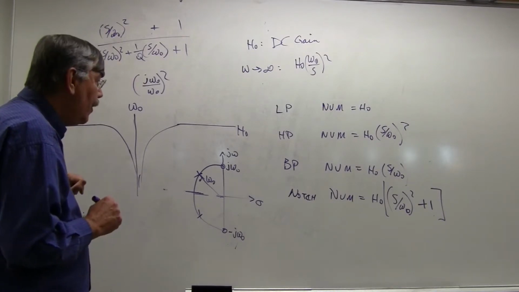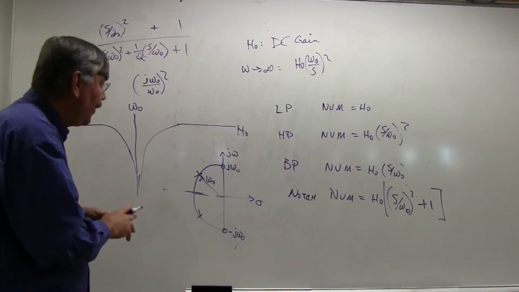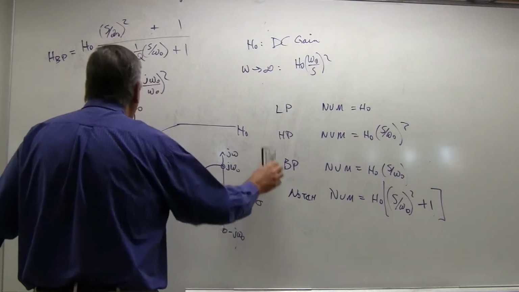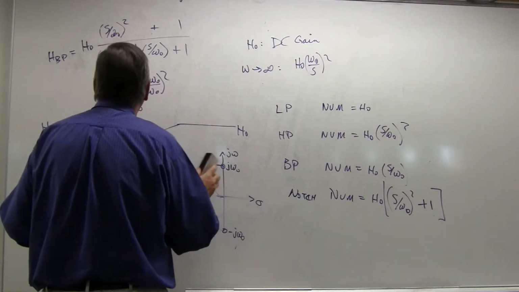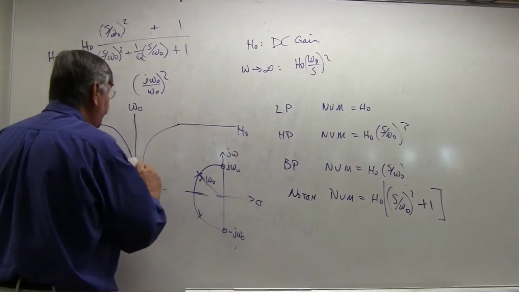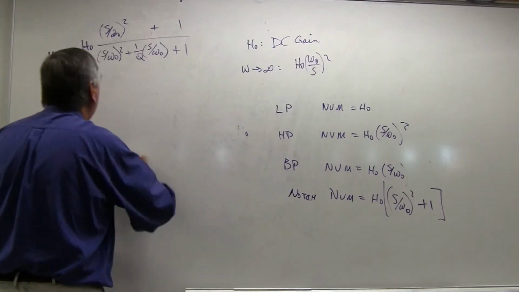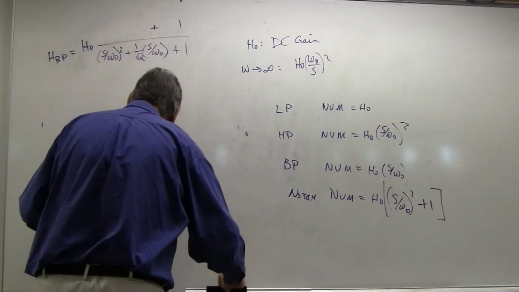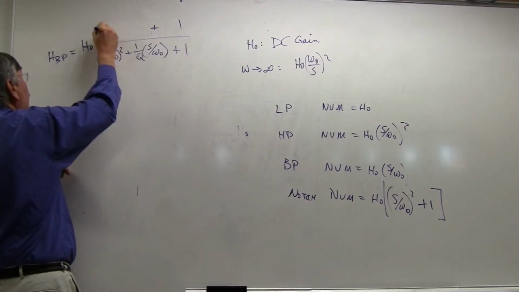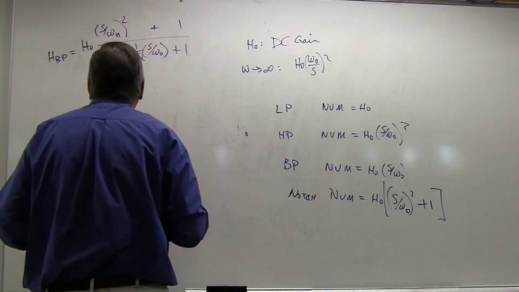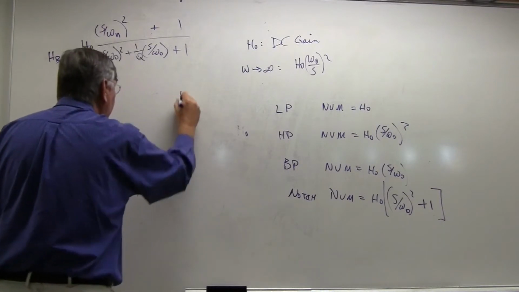Okay, I got one or two more tricks I can do. Yeah, I got several more tricks. There's a lot of interesting other filters we can do. So something that's very similar to this is to put a notch at some frequency other than omega naught.